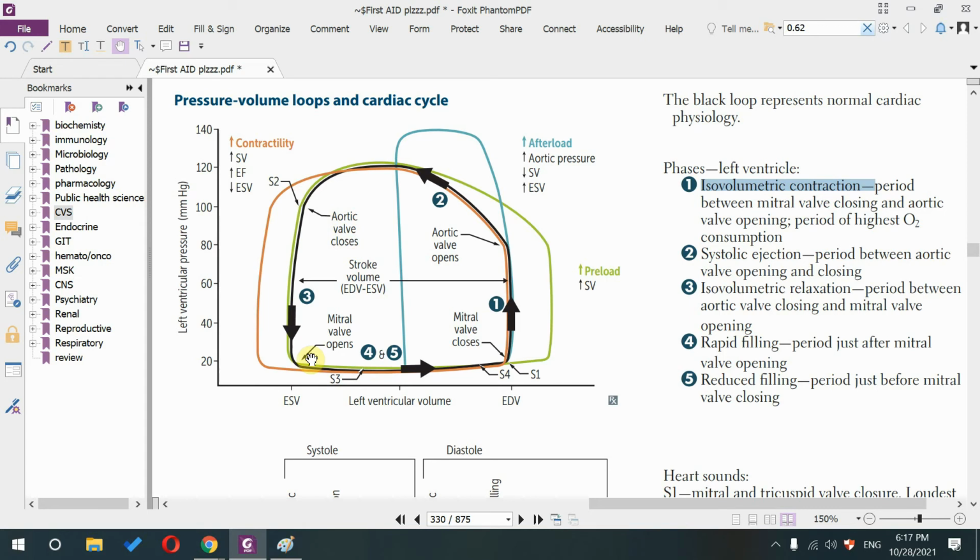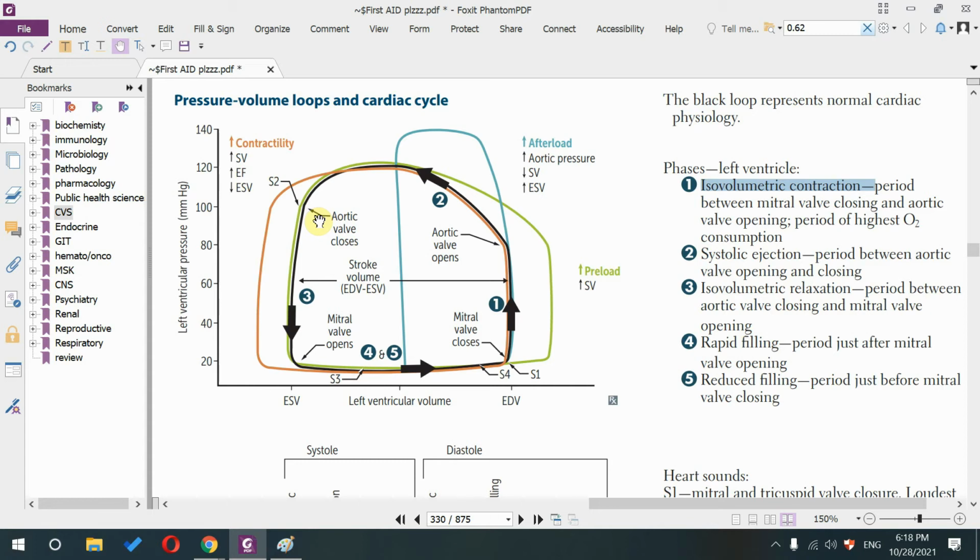So why does this happen? You have ejected all of the blood from your left ventricle, okay? And the end systolic volume has been reached. So you have a minor amount of blood in your left ventricle, so the pressure started dropping.